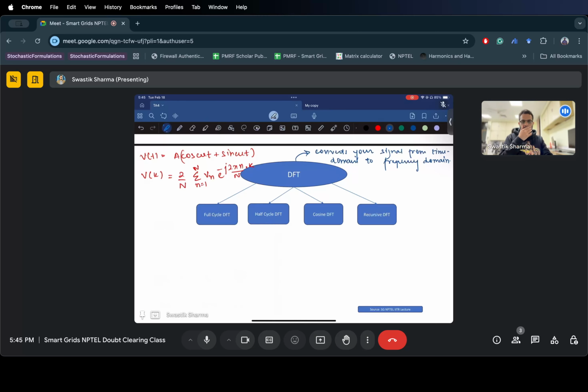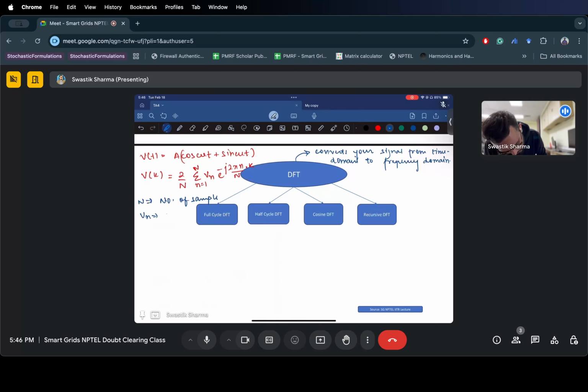So this is what the output looks like after performing the discrete Fourier transform on your continuous time domain signal. Your continuous time domain signal is converted to discrete components which are sampled. Let's say for N, so this N is your number of samples.